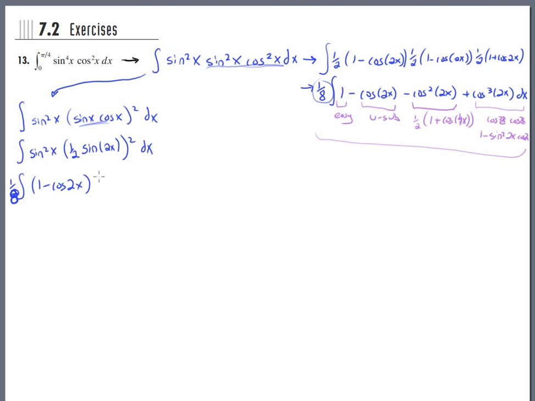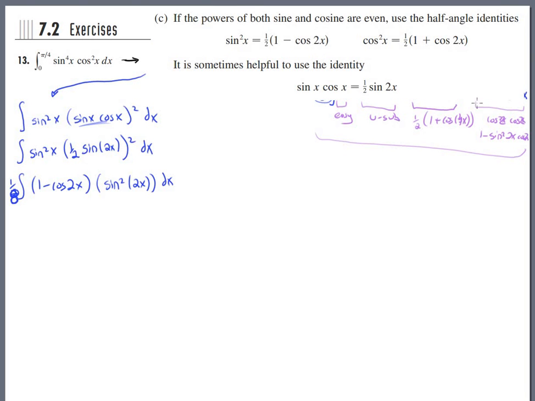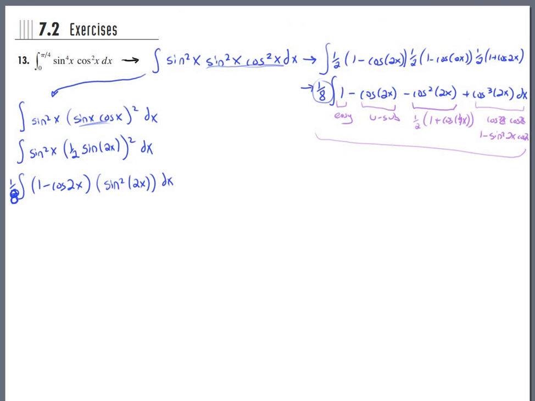And then we're just left with sine squared 2x. This sine squared of 2x can be changed into some cosines of 4x. Again, that's kind of using this other version over here on the right-hand side, so I'm going to stay away from that. That would give you another route that you could approach it with. But I'm going to try to stay away from that, and instead I'm just going to distribute.